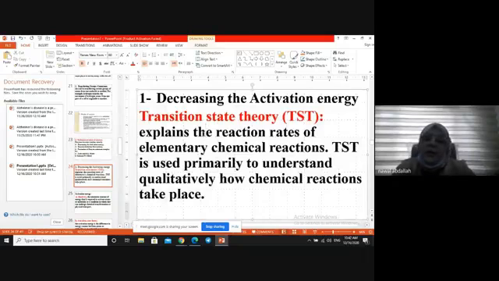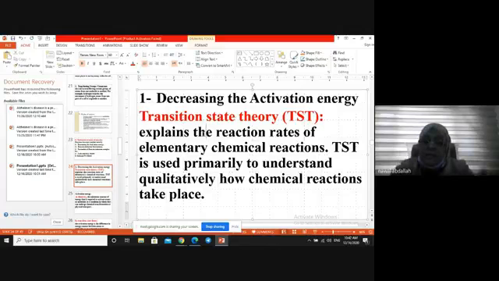Transition state theory, abbreviated as TST, explains the reaction rate of elementary chemical reactions.